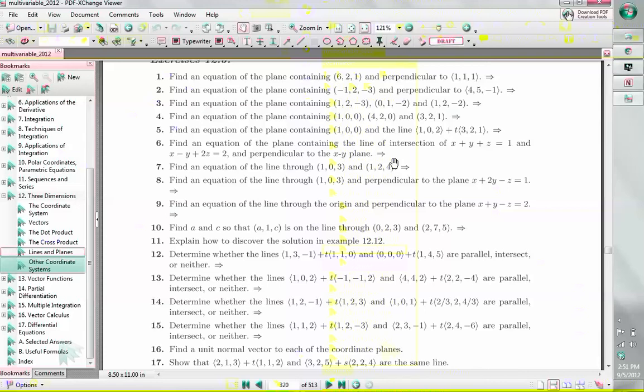Oh, and you also need a point on the plane, right? How are you going to do that? So this plane contains the line of intersection. So how are you going to find a point on this plane?